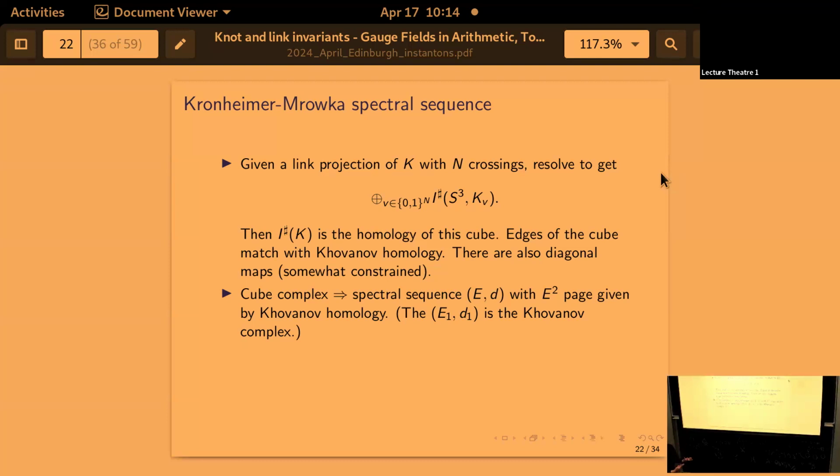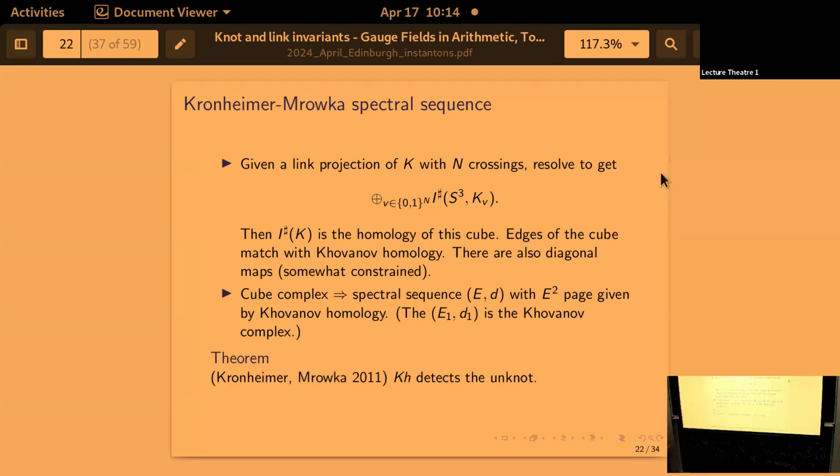In particular, this implies that the rank of the Khovanov homology is bounded below by the rank of the instanton homology. Instanton homology is harder to compute because it's horrible, but it's easier to prove things about. And it turns out, using some geometric topology, you can show that the instanton homology does detect the unknot.